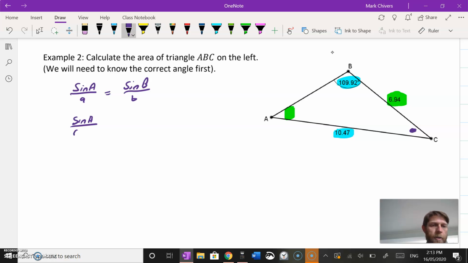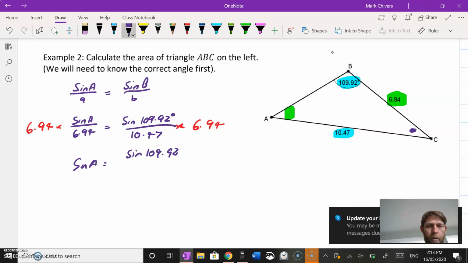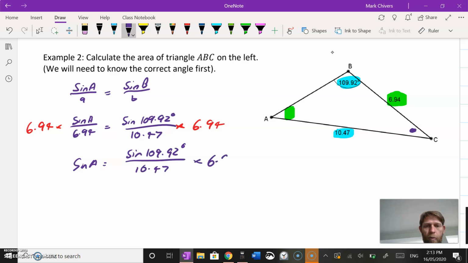But the side opposite is 6.94, and then it's going to be over sine of 109.92 degrees over 10.47. So I multiply both sides by 6.94, and that's going to leave me with sine of A equals sine of 109.92 over 10.47 times 6.94.